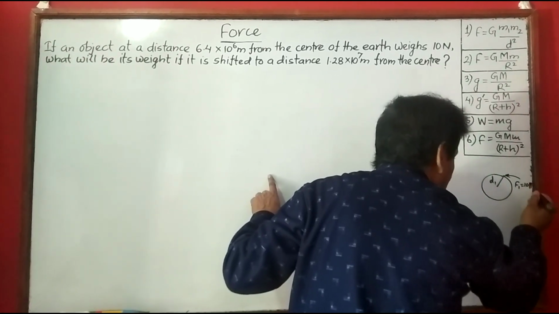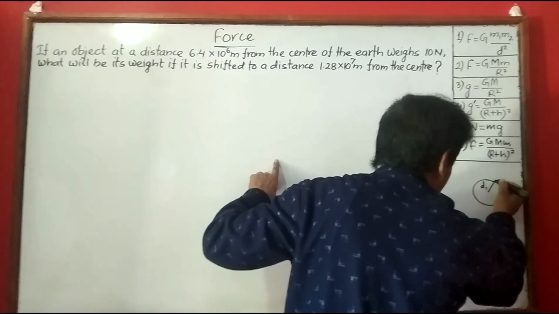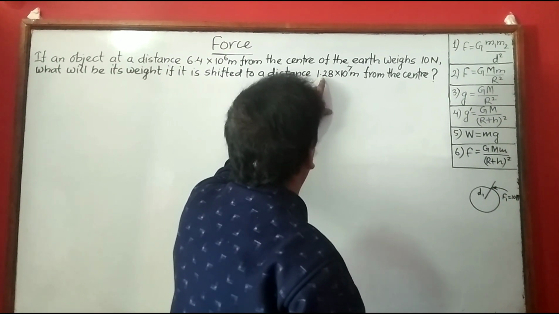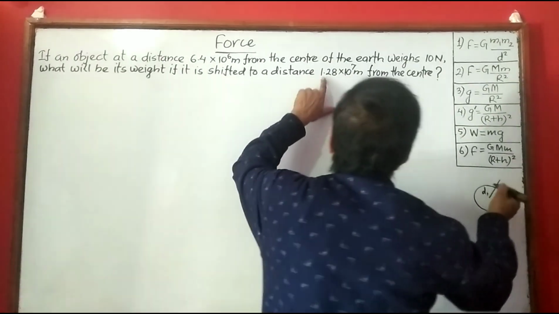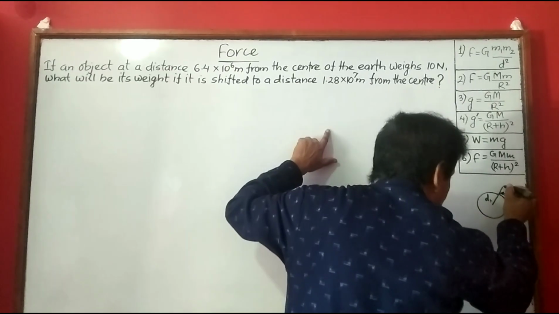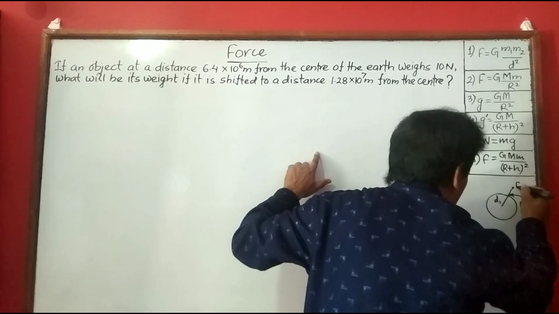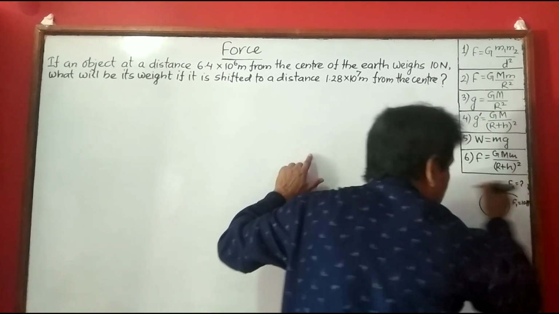Now the same body is taken to a very great height. Let's say the height is 1.28 × 10^7 meter from the center. Now, how much is the weight of that body, I mean the gravitational force on that body?